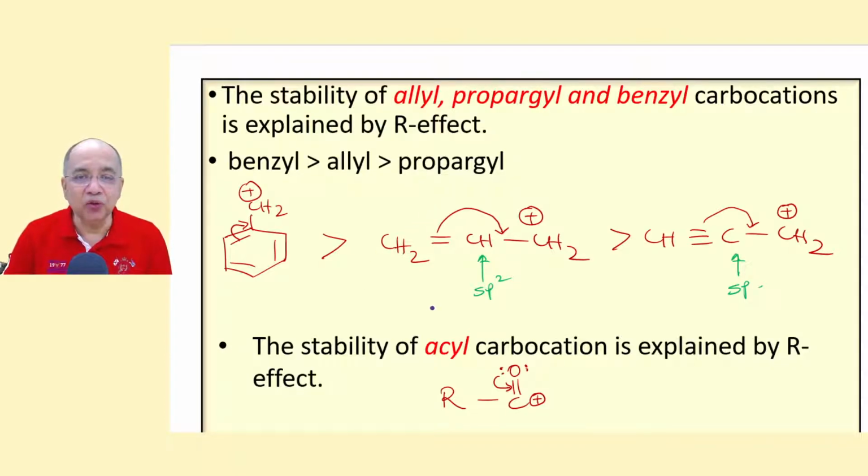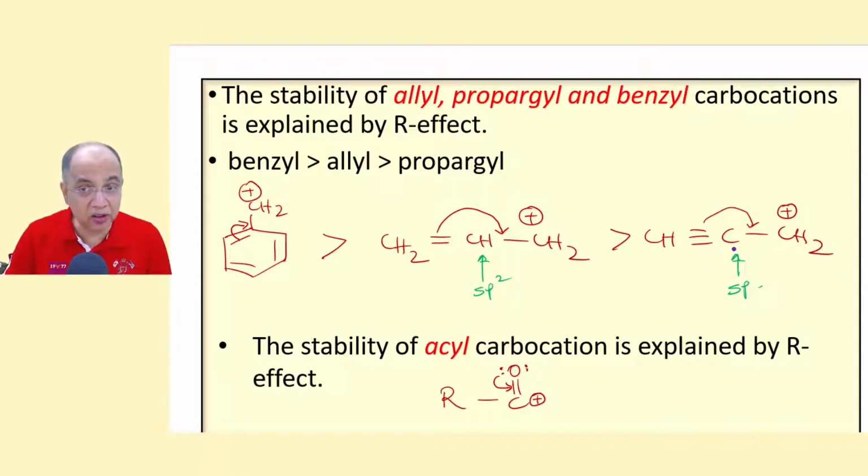Now, you also know that species like benzyl, allyl, and this one is a new species that possibly I have not talked about. It is propargyl. Prop to vinyl carbocation. All of them have resonance stabilization.